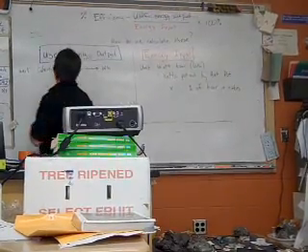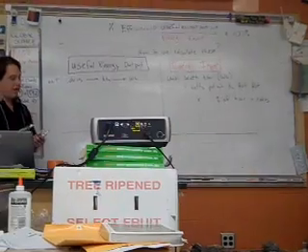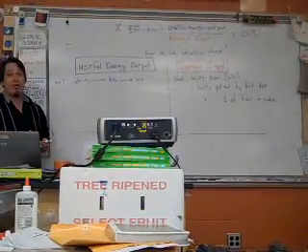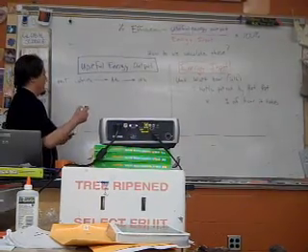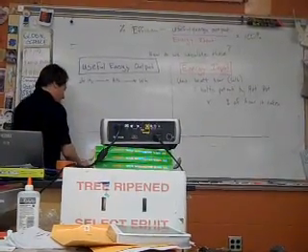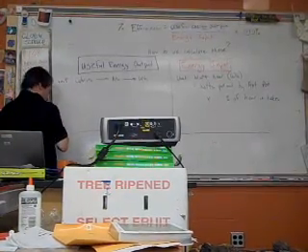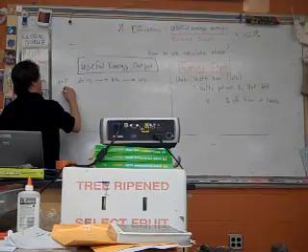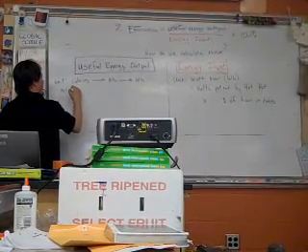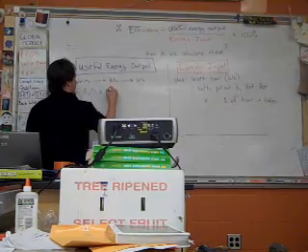The first thing I'll remind you how to do is the useful energy output, which is how many calories the water absorbs. And it's really not that hard. Remember how we did these when we practiced them: the milliliters of water times the change in temperature.